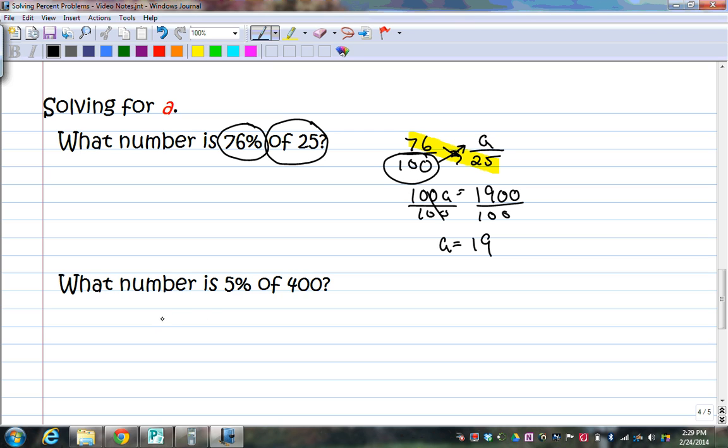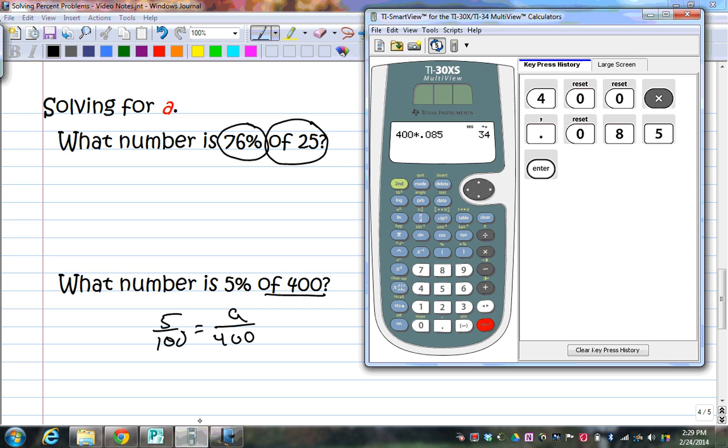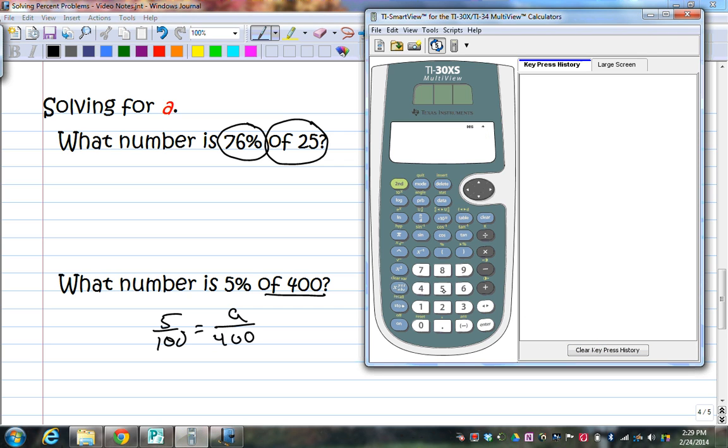So here I have 5%. I have 5 out of 100. And it says of 400. So I'm solving for A. What I said is 5 times 400 divided by 100. So let me do that real quick. I'll clear out my calculator. And I multiply the numbers that are diagonal first. 5 times 100.